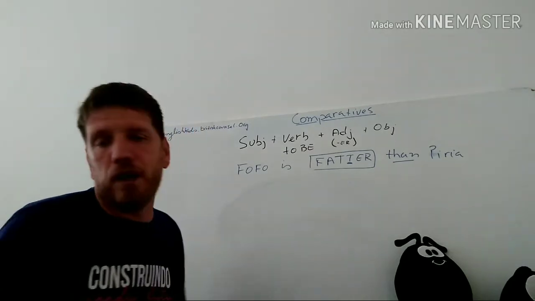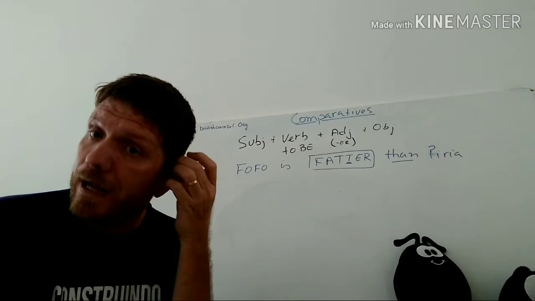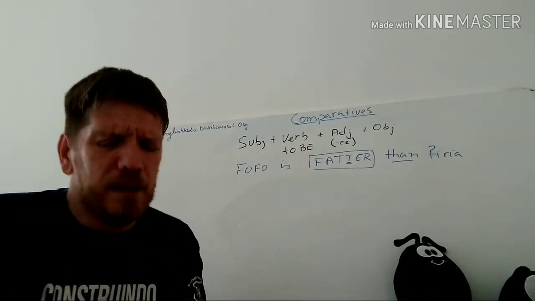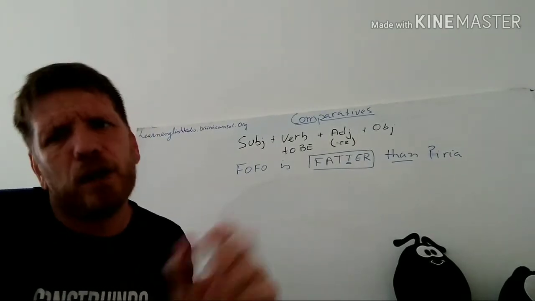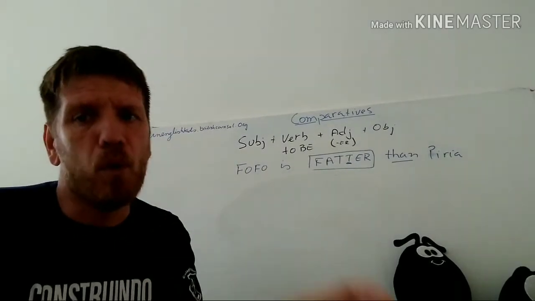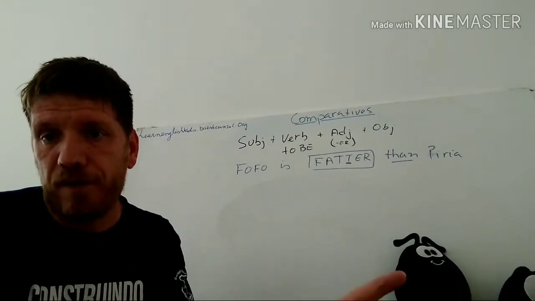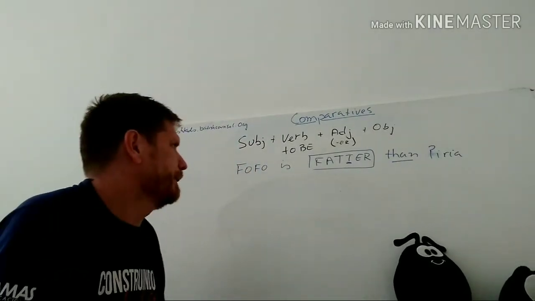Today we are only going to talk about small adjectives. The big adjectives or the different adjectives that we have, they don't suffer any alterations. We use the word more before the adjective without any alteration. But we're not going to talk about those today.